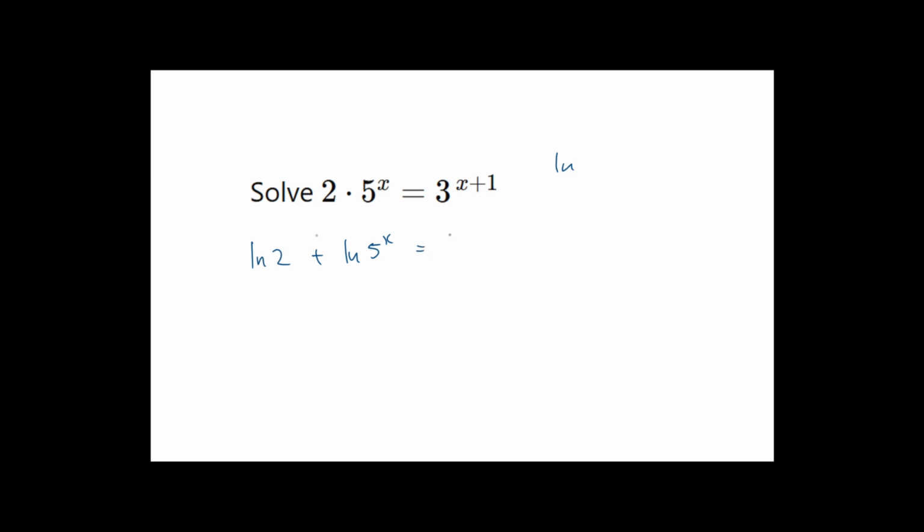And that's going to be equal to natural log of 2 plus x natural log of 5. Okay. And if we take the natural log of the other side, equals x plus 1 natural log of 3. Is that going to help us?